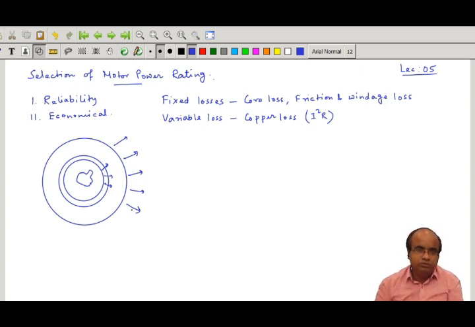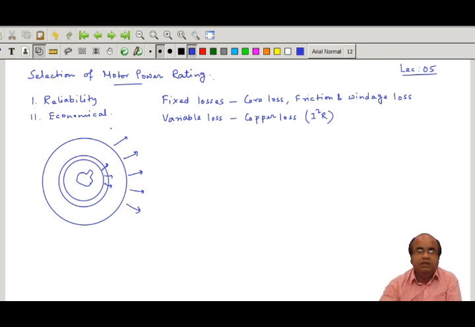The more heat is generated, the more is dissipated, until the heat developed by the motor equals the heat dissipated by the motor.